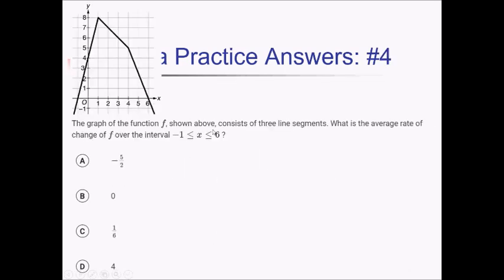On this problem, given this graph of f, we want the average rate of change of f over the interval from -1 to +6. So we're basically doing the slope of a line that goes from -1 to +6, which you can see very clearly is going to be just a horizontal line, so that's actually just 0. But if we wanted to show our work, we could say the average rate of change is going to be f of 6 minus f of -1 over 6 minus -1, or 6 plus 1.